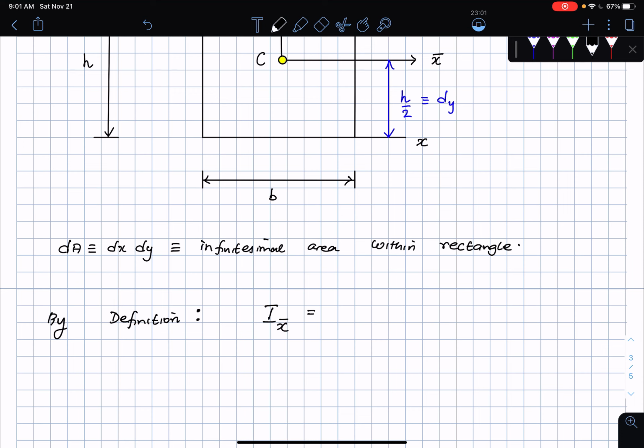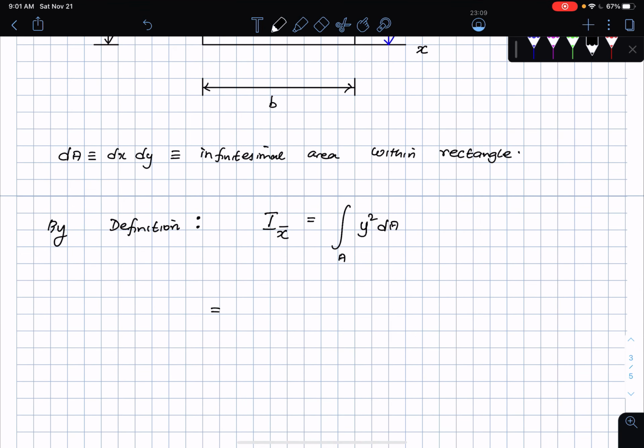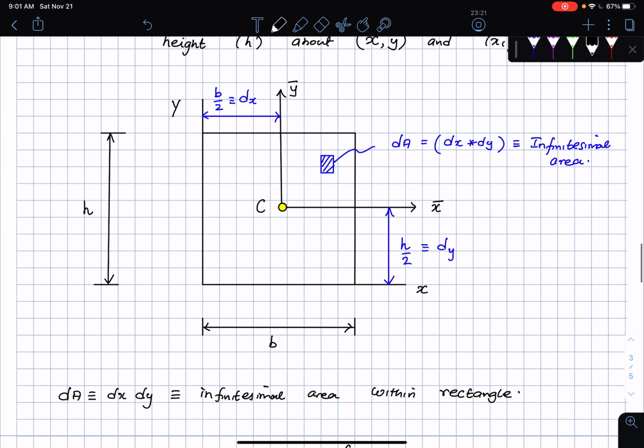This is going to be the integral over the area of y square dA, right? So Ix bar is equal to the integral over the area, where dA is dx and dy. I'm going to be integrating between the following limits. Look at this. The centroid is located right at the center, so things to the left are negative, things to the right are positive for the centroid along the x-axis.